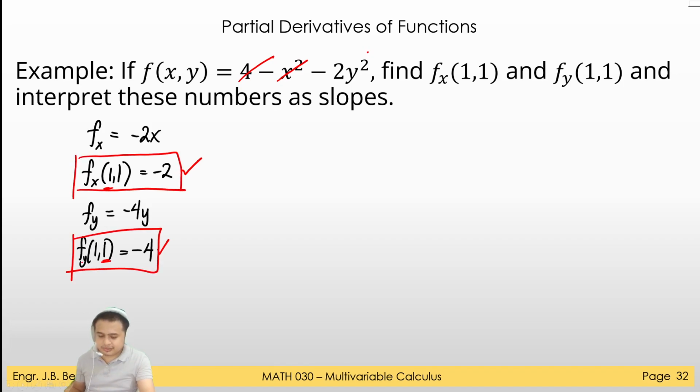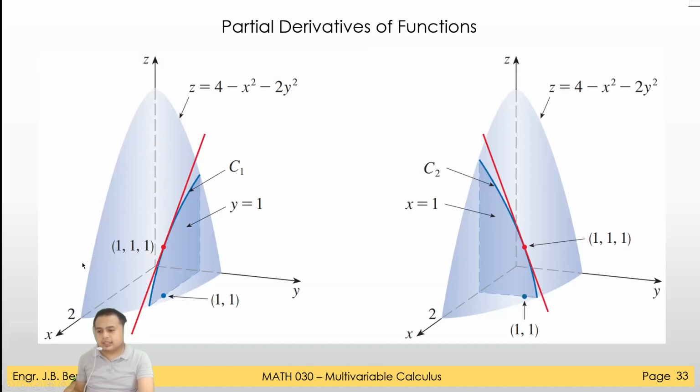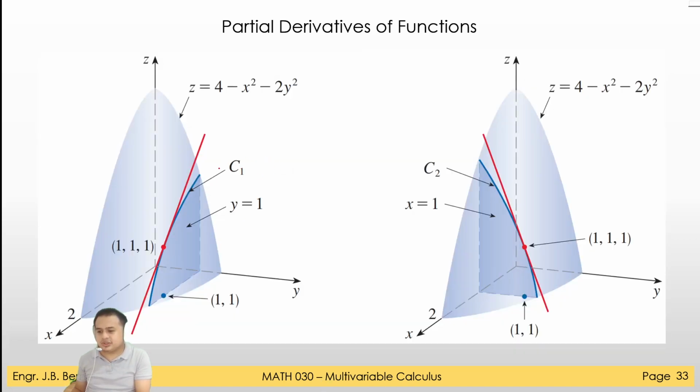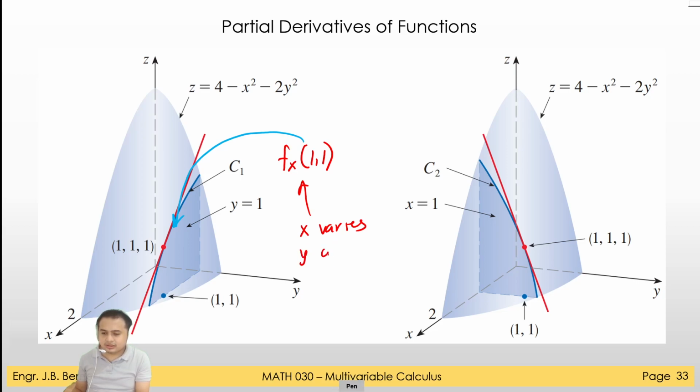Now, to visualize what this means on our graphs: for number one, the partial derivative in x of (1, 1) is the slope of this tangent line. So what does this mean? If you want to find the partial derivative with respect to x, x varies and y is constant.